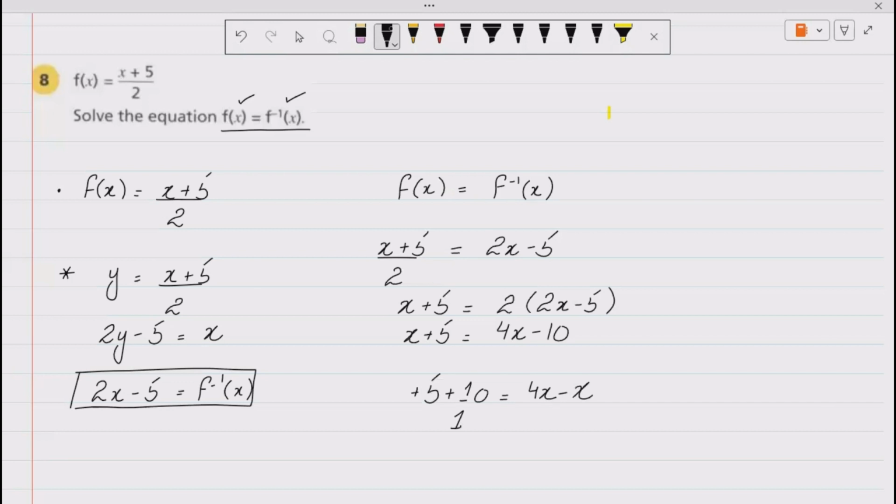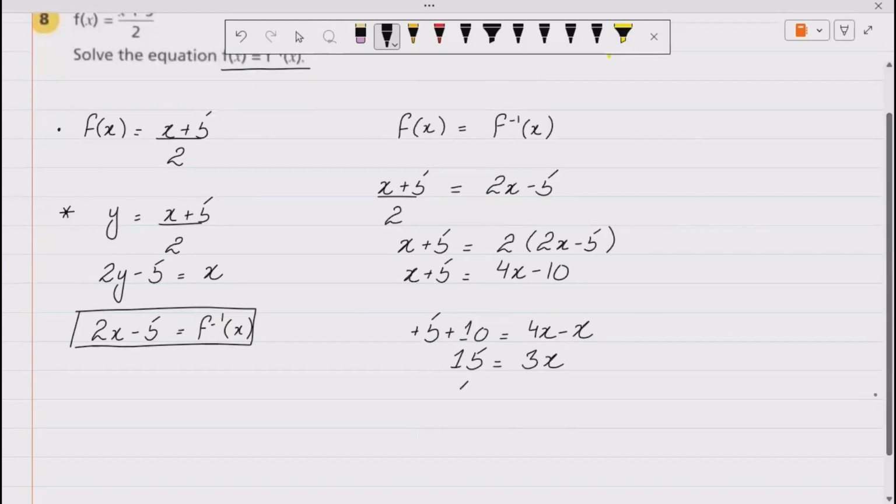So 15 equals 4x minus x, which is 3x. Now 15 over 3 equals x. 3 times 5 is 15, so x equals 5. So we solved this equation, found the value of x, and this question is complete too.